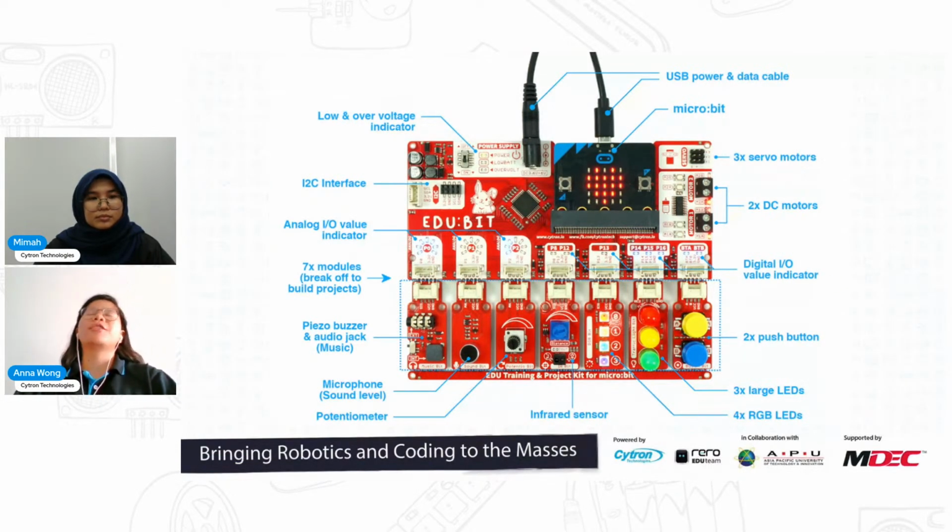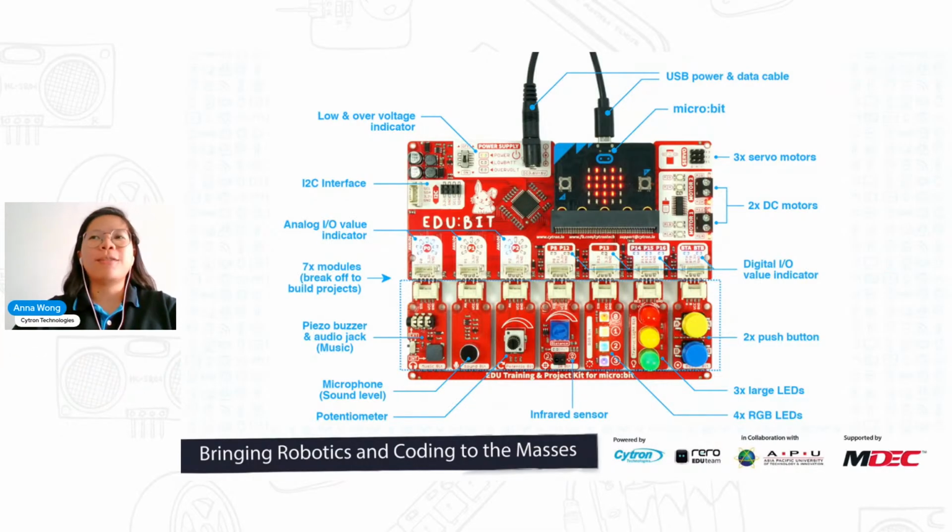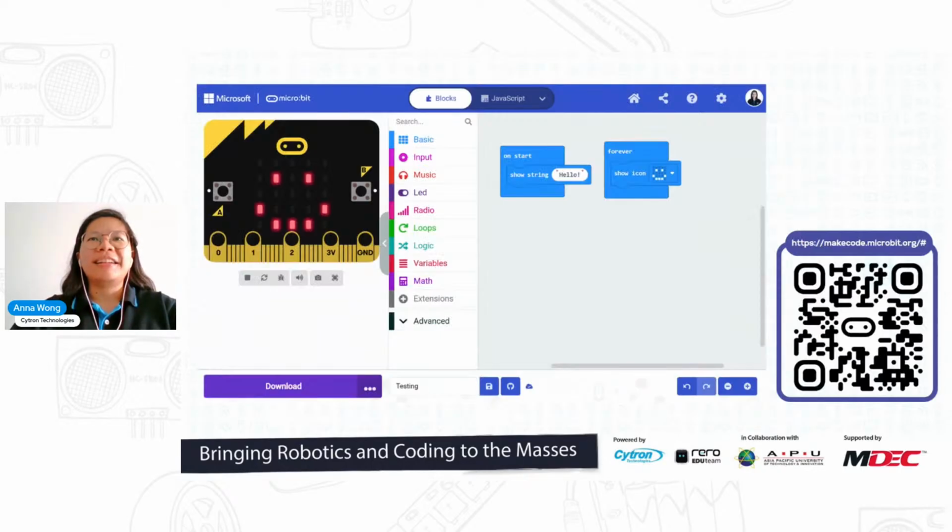And for the EduBit certification program, definitely you need to have a kit before you sign up, and definitely need to purchase the one with the microbit if you have yet to have a microbit. The programming language for EduBit is block-based, so it's a beginner-friendly certification program for primary students, secondary students, or even for teachers.